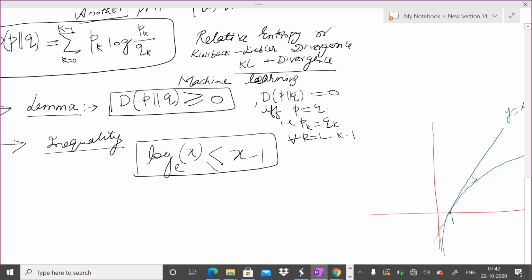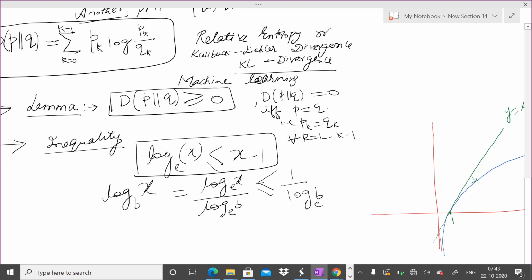Suppose you have log of x with respect to some other base b, then you can convert it. So that will be log of x to the base e divided by log of b to the base e. You should remember this. And now log of x is less than or equal to x minus 1, so this is less than or equal to 1 over log of b to the base e times x minus 1.